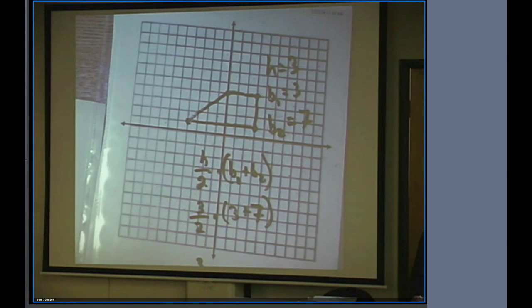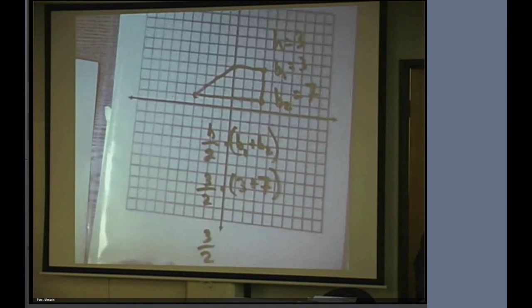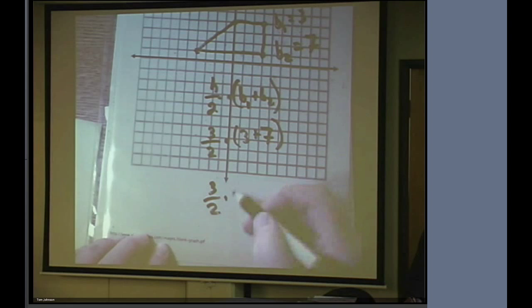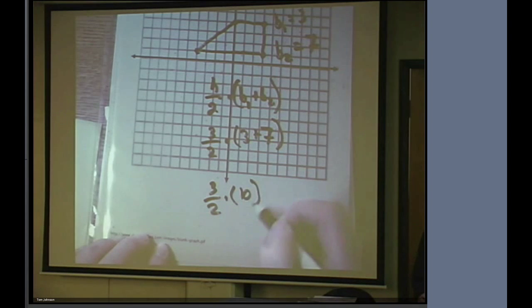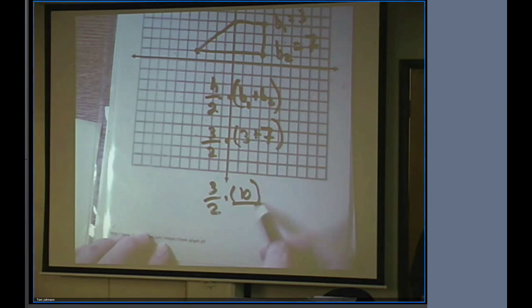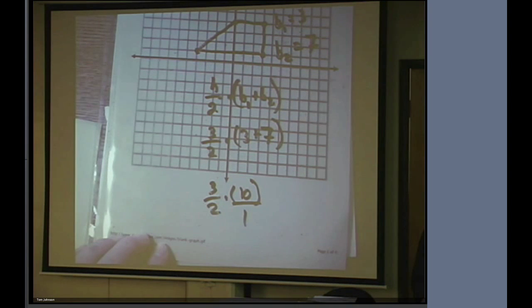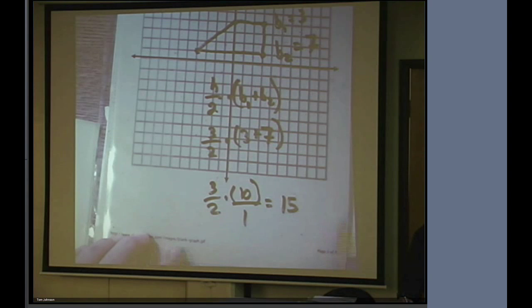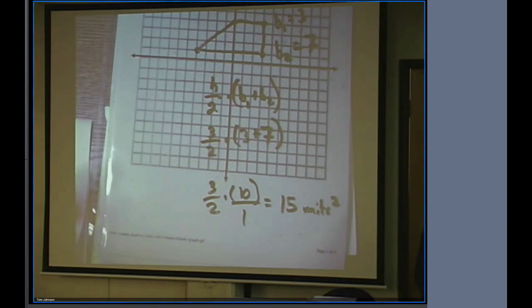So we get 3 halves times 10. We just say 3 halves times 10 over 1. What's 3 times 10? 30 divided by 2? 15. And we're in units squared.